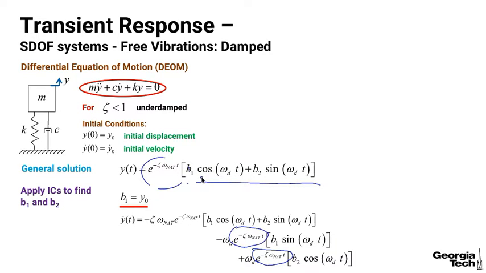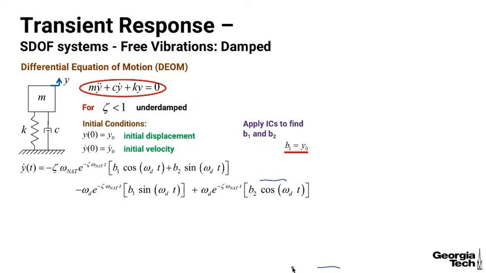When I take the derivative of cosine, it becomes minus sine. So that's where the minus sign comes from. And when I take the derivative of sine, that becomes cosine, and it's positive. So that's the derivative, a little bit of refresher on taking derivatives.